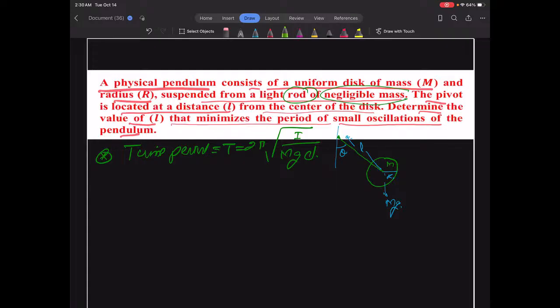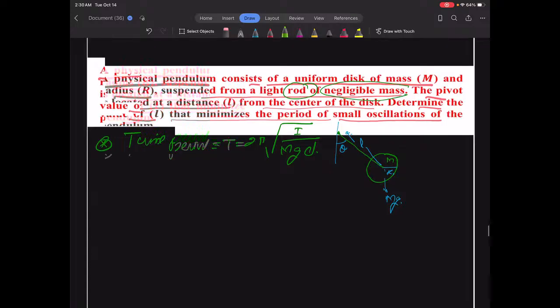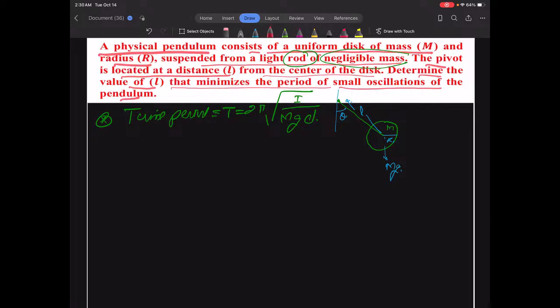And first of all, let's find out the distance to the center of mass, which is d. Now the rod is massless, and for the disk the center of mass is exactly going to lie at the center.